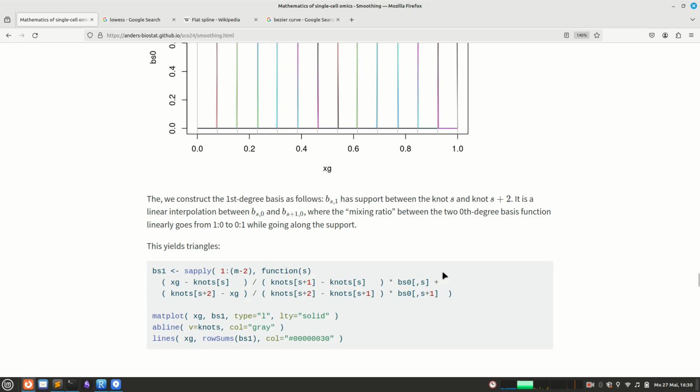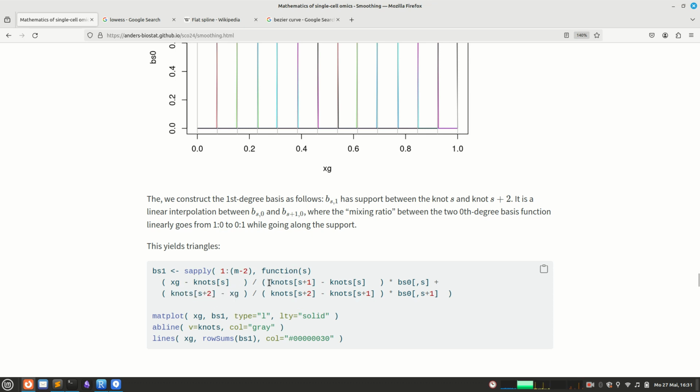Then, to get my triangles, I add them up by letting t run from one knot to the next. So here you see xg, that's again my value which goes from 0 to 1. Here it's always how far to the left we are of the first knot, and how far it is till we reach the over-next knot.